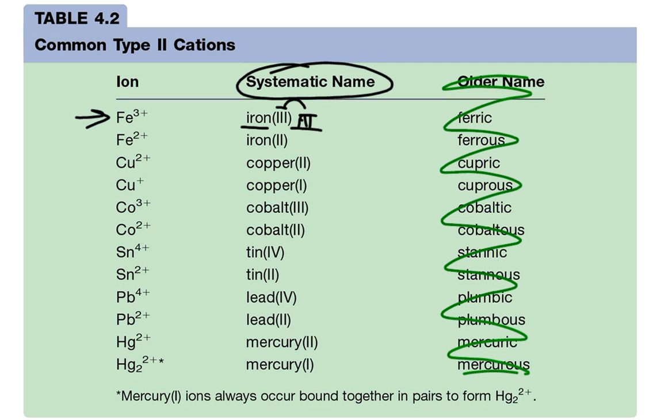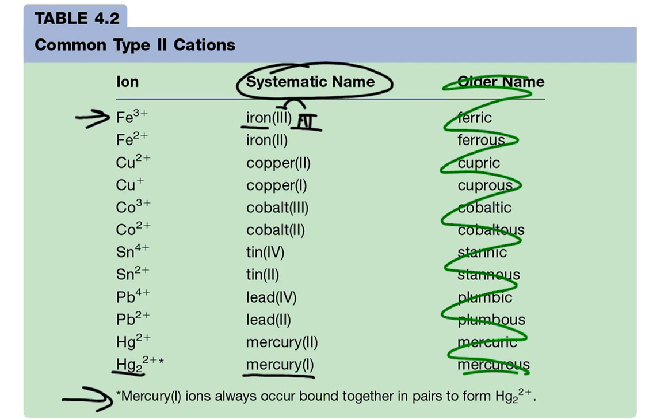Iron 2, copper 2, copper 1, cobalt 3, cobalt 2, tin 4, tin 2, lead 4, lead 2, mercury 2 plus, and then there's another mercury 2 plus, but it's a diatomic, and we actually consider that to be a polyatomic. And that would be the mercury 1 ion. The mercury 1 ions always occur as two atoms together. So technically, this shouldn't be on this page.